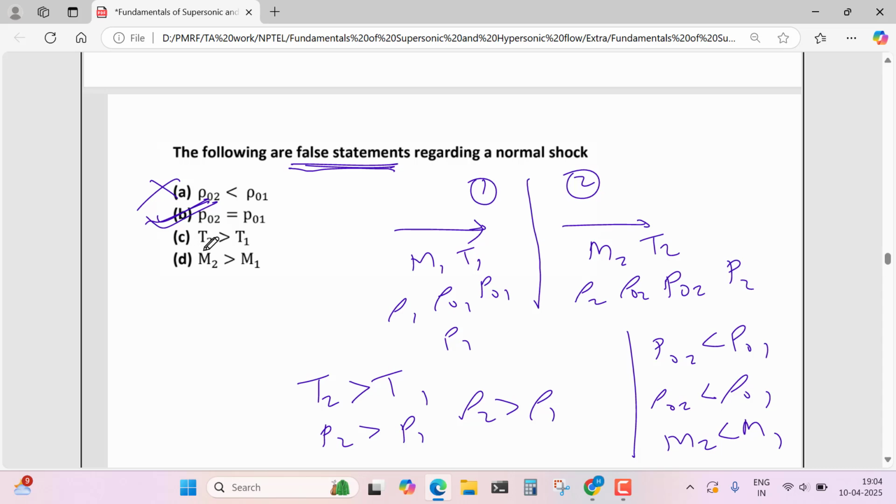Option C, T2 is greater than T1. This is a true statement, so it is not correct. Option D, M2 is greater than M1, but M2 decreases for a normal shock, so this is a false statement regarding the normal shock, so this is also a correct option. So options B and D are the correct options.